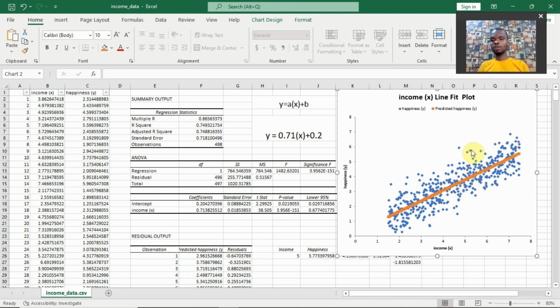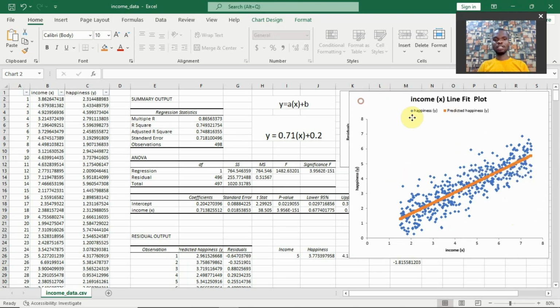We also said from your line of fit, you can predict new values. For instance, if I have 7 and I trace up, at this point where I have about 7, it's telling me that my happiness index should be around 5.2, which was not originally available in data, as we saw before. Okay, so that's it for the line of fit.